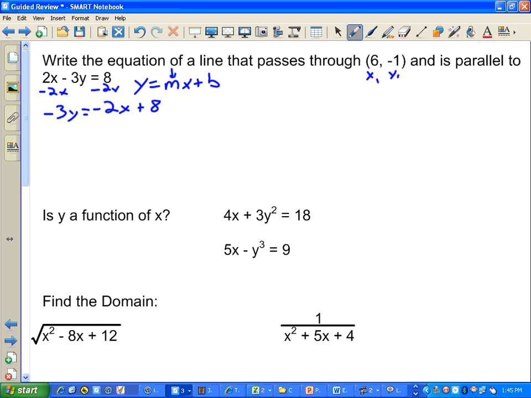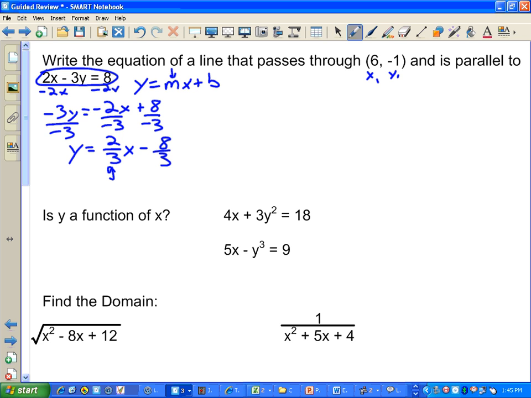I get that. Divide by -3, which means I divide everything by -3. So negative over negative is positive 2/3 x minus 8/3. Now the only thing I need from here is the slope. That's the slope of the line they want me to be parallel to.